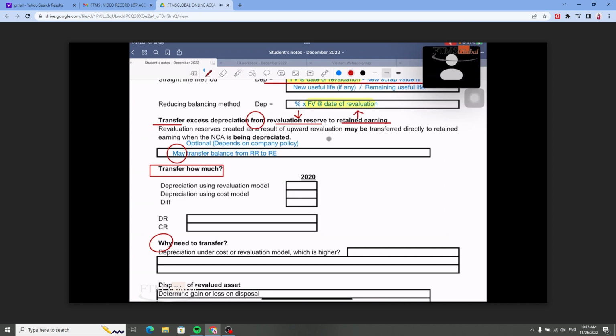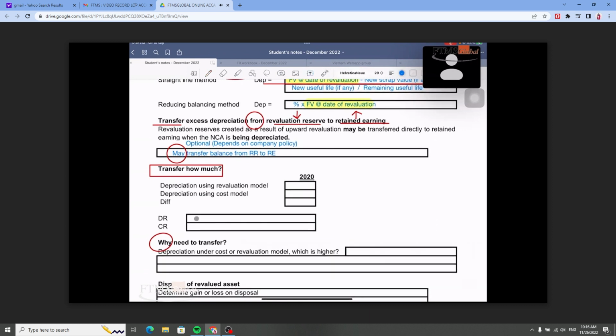If reserve drops, you will debit. So I will debit my revaluation reserve, RR, then my RE will increase, so I will credit my RE. So this is the double entry, transfer from RR to RE.